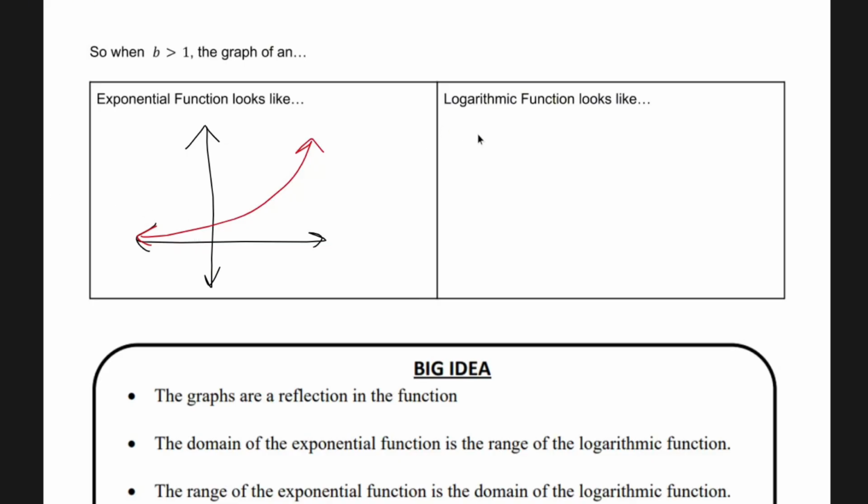Now, the inverse of that, let's try to remember what inverses look like. Inverses say that if I have a picture that looks like this, it's going to be a mirror reflection over the line y equals x, which means you are going to look like you.